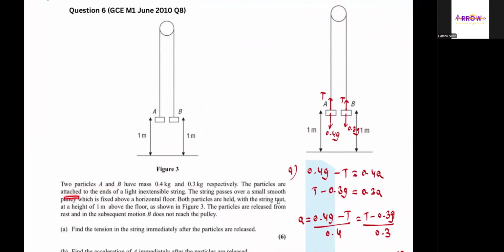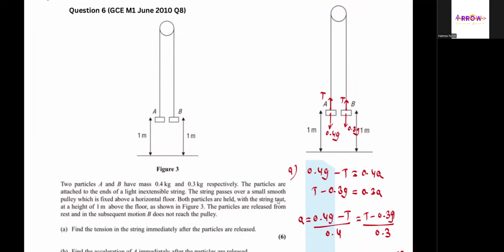The particles are attached to the ends of a light inextensible string. The string passes over a small smooth pulley which is fixed above a horizontal floor. Both particles are held with the string taut at a height of 1 meter above the floor as shown in figure 3. The particles are released from rest, and in the subsequent motion B does not reach the pulley.